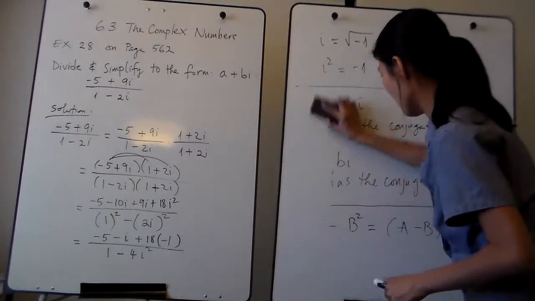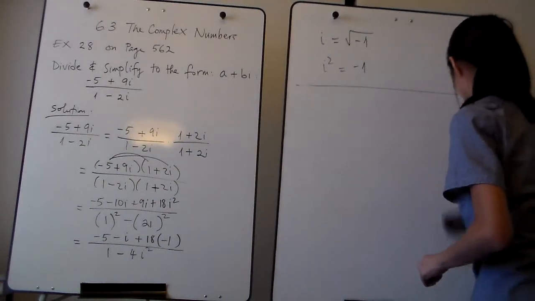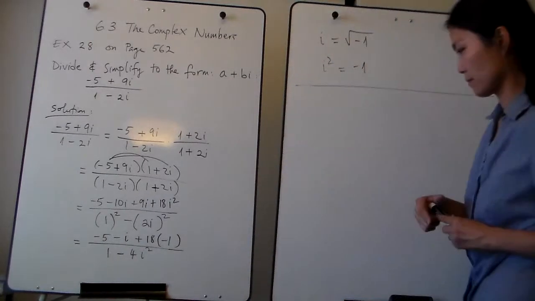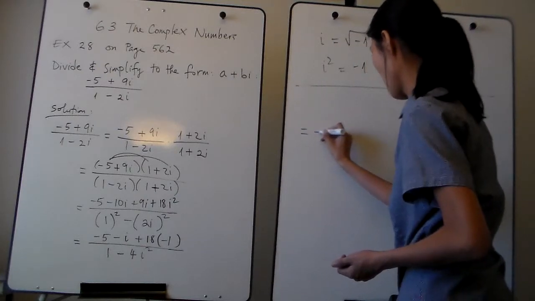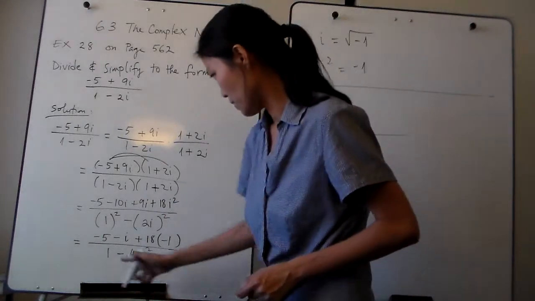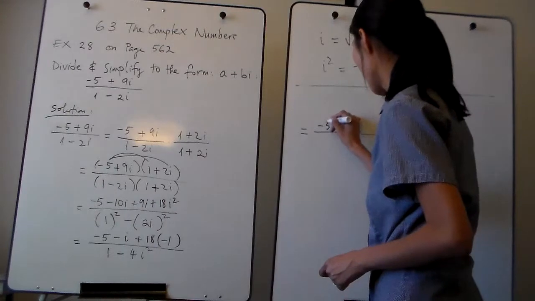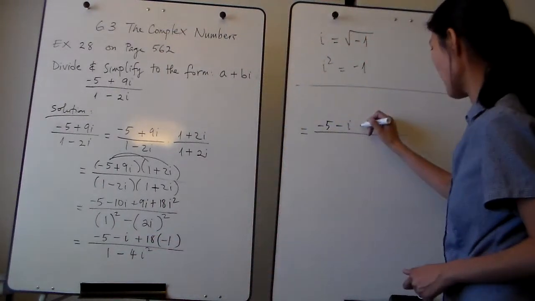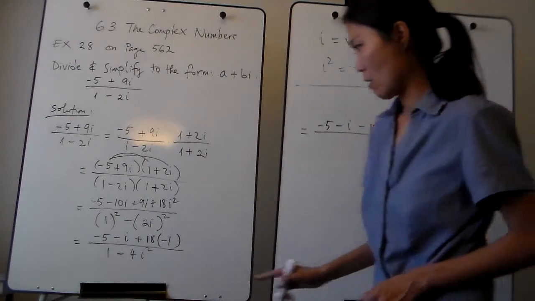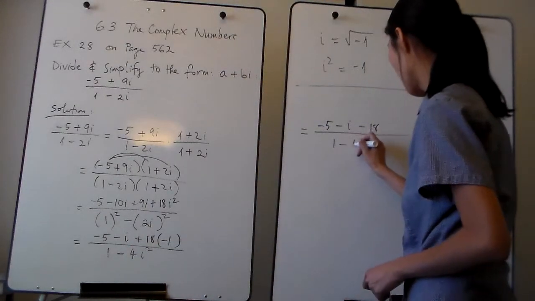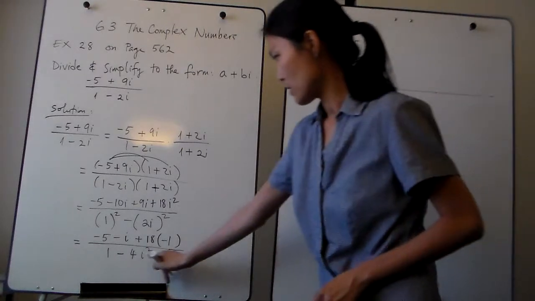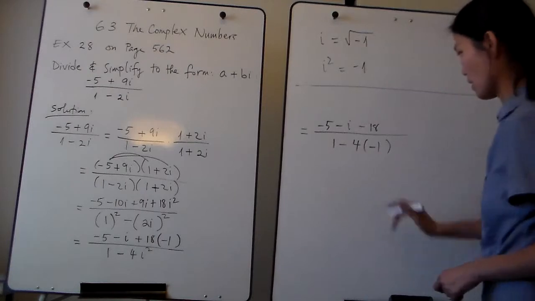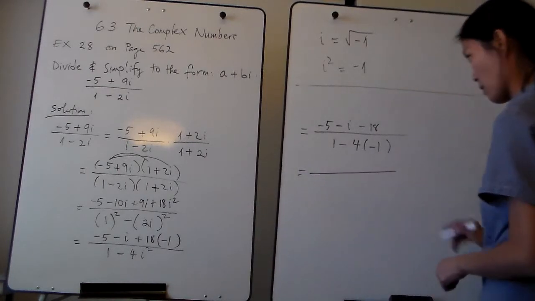Continue from here to here. I get, simplify: negative 5, negative i, positive 18 times negative 1 is negative 18, and then 1 minus 4i squared. Now you know what i squared is, right? i squared is equal to negative 1, so replace negative 1 for i squared, and simplify further.